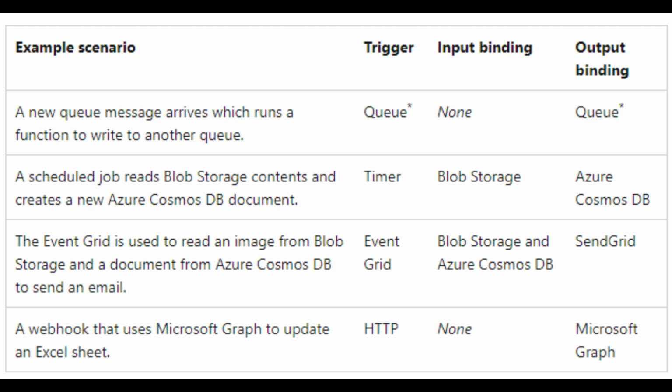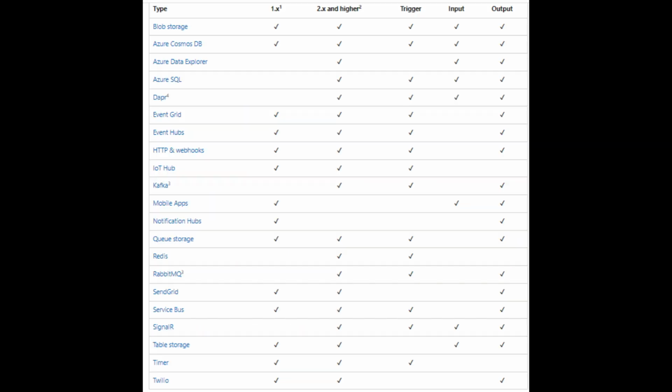Okay, so there are multiple resources in Azure which support different kinds of triggers and different kinds of bindings. This list explains what kind of Azure resources support what kind of binding.